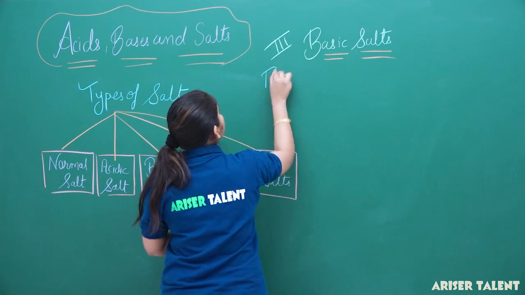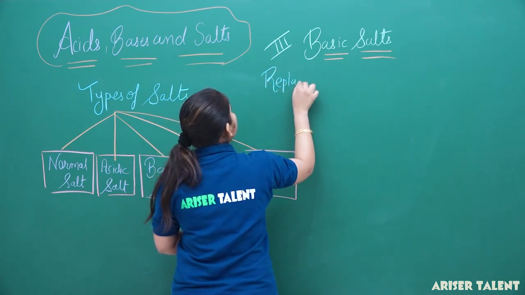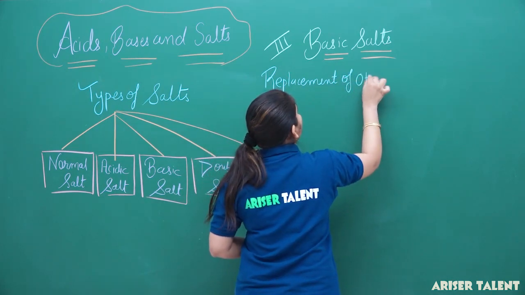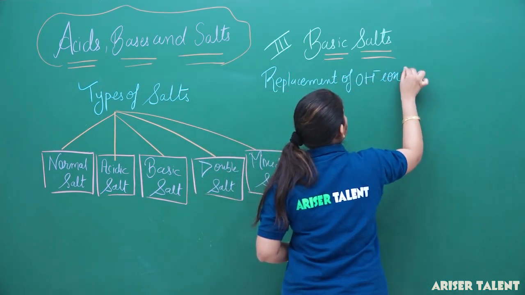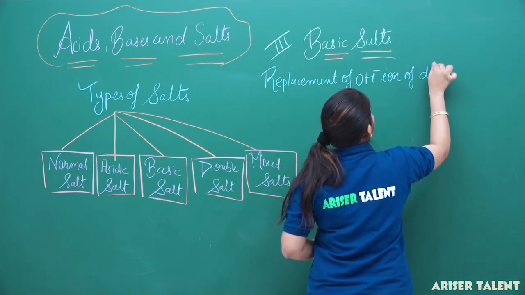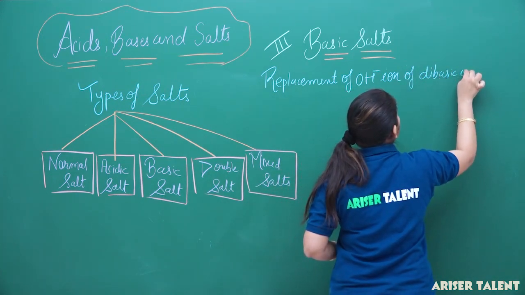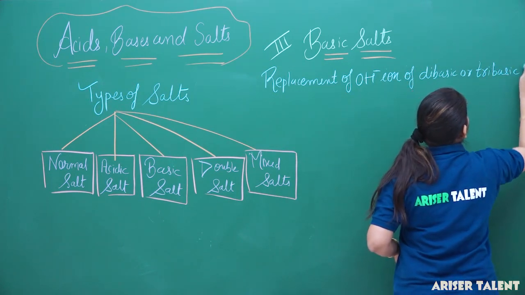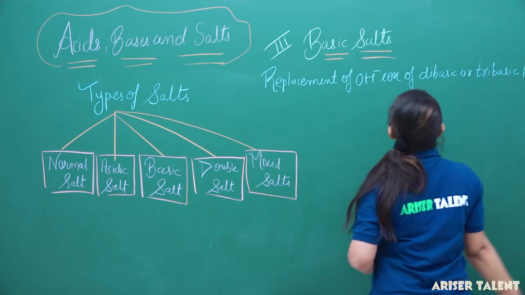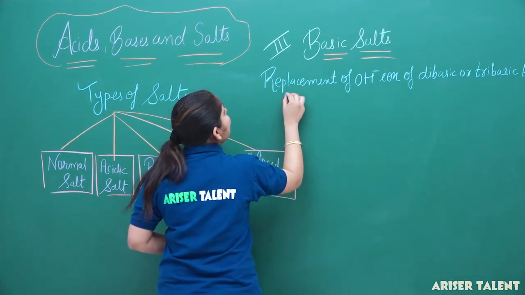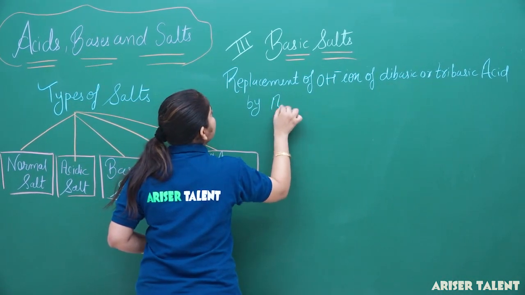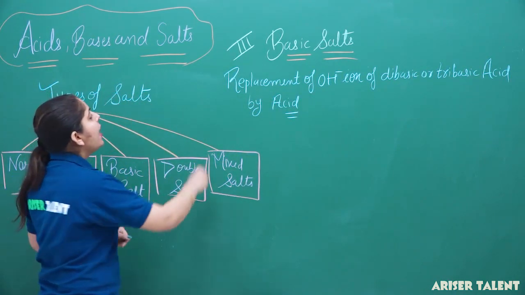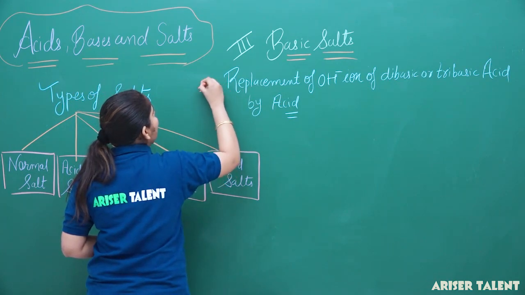There will be replacement of OH minus ion of dibasic or tribasic acid by acid. So there will be the replacement of the hydroxyl ion. This will be the point to remember here.